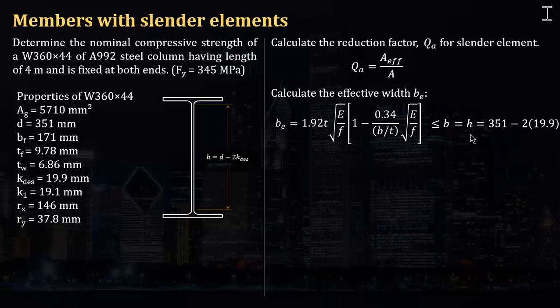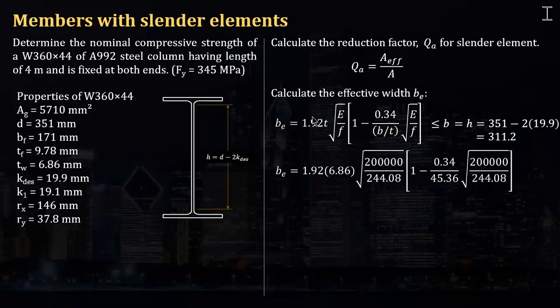So that B or H is equal to 351 minus twice of K, K design 19.9, and that gives us 311.2 millimeters. Then substituting the values, E is 200,000, TW is equal to 6.86. F, we just took it kanina, 244.08, and this B over T is H over TW, and that is 45.36.